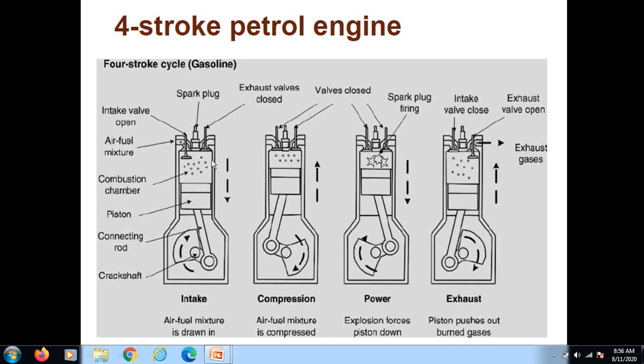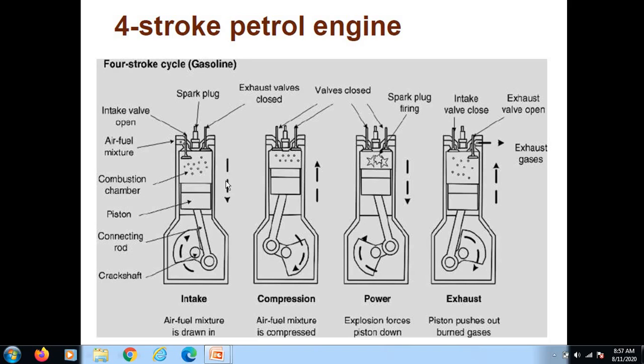As suction is created in the engine cylinder due to the movement of the piston from top dead center to bottom dead center, the fuel-air mixture will be sucked into the engine cylinder, and it will maintain constant atmospheric pressure inside the cylinder, because these are simultaneous processes.